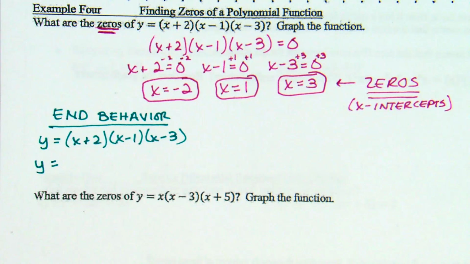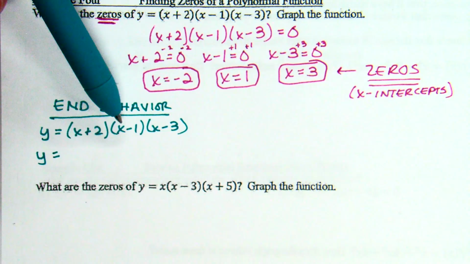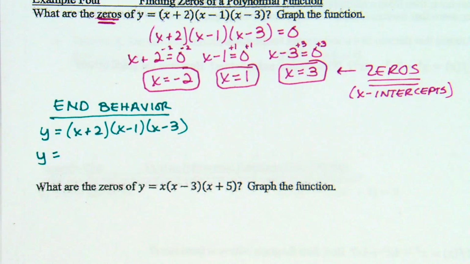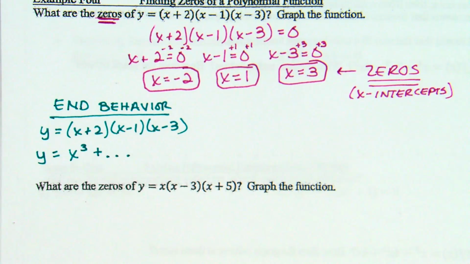Because my first term would be the result of multiplying x times x, which would give me x squared, and then eventually you'd have to multiply that x squared by this x, which is x to the third. Are there any numbers in front of those x's? No. So what I know is that this problem is going to be x cubed plus something, something, something, and so on. I don't need to know that because right here, x cubed tells me my end behavior.